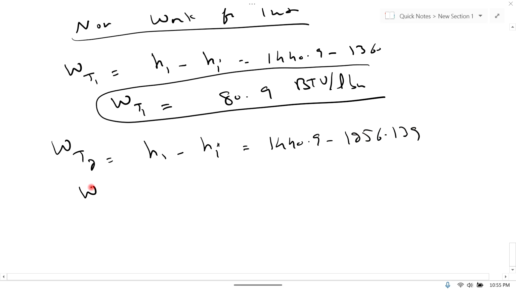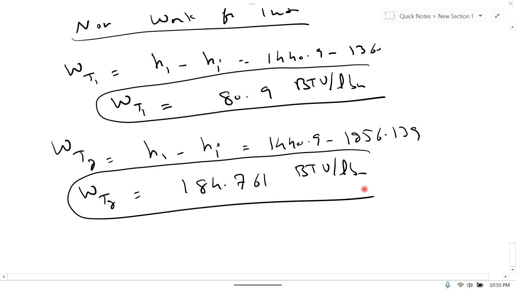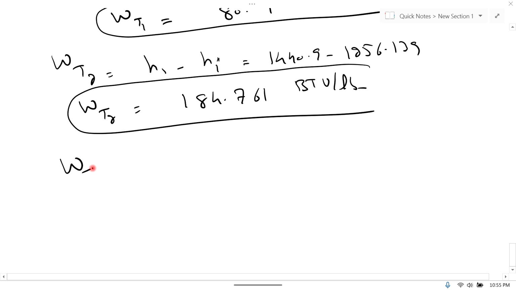So at the second section work will be equal to 184.761 BTU per pound mass, and work of turbine for the third section is equal to H1 minus H1 triple dash, which is equal to 1440.9 minus 1153.463.